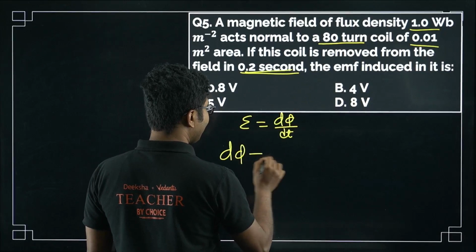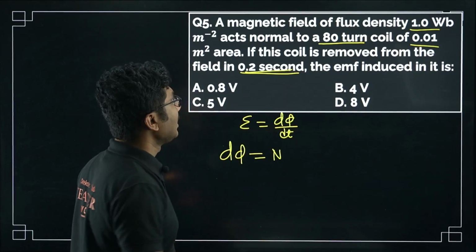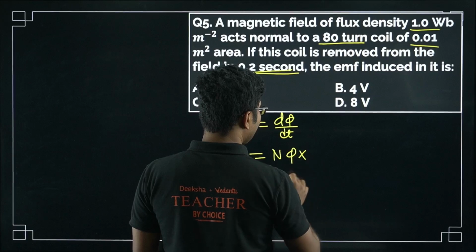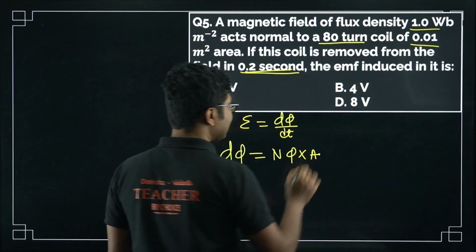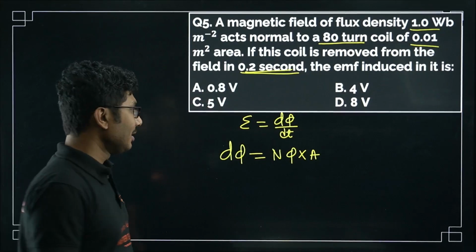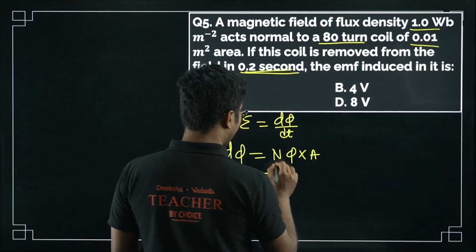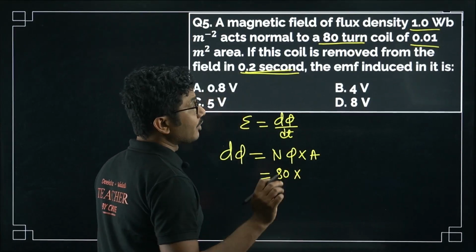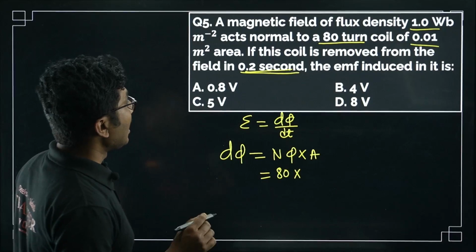What is d phi? d phi is the number of turns into flux density into the area. This is the flux linked with the coil. So what is the number of turns? The number of turns is obviously 80 turns. Total number of turns, remember, total number of turns.